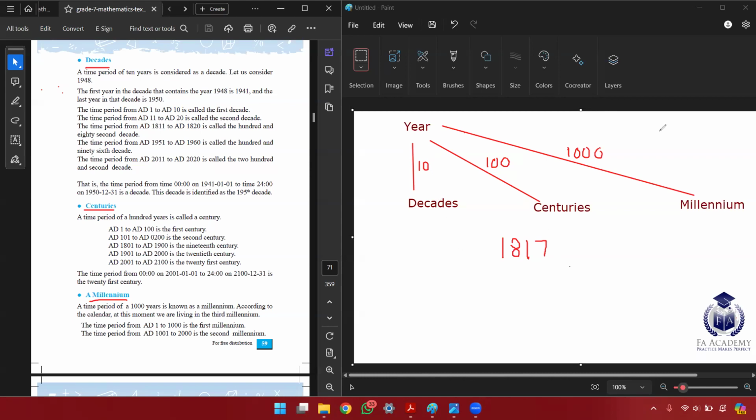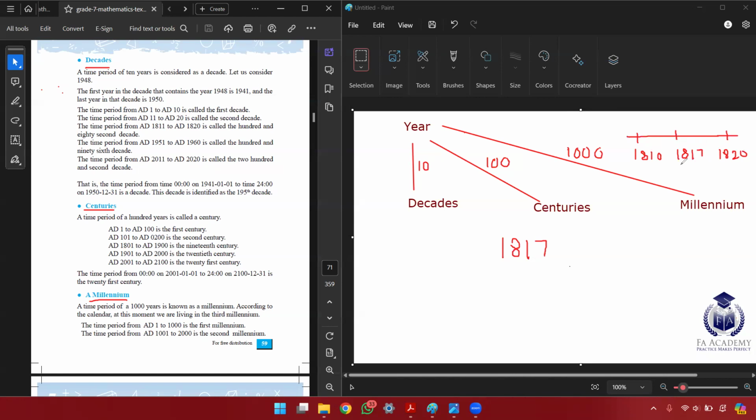So you're going to take the 2 tens on both sides of this number. What are the 2 tens we have here? We have 1810, because that's a ten, and we have 1820. So 1817 is somewhere in the middle.